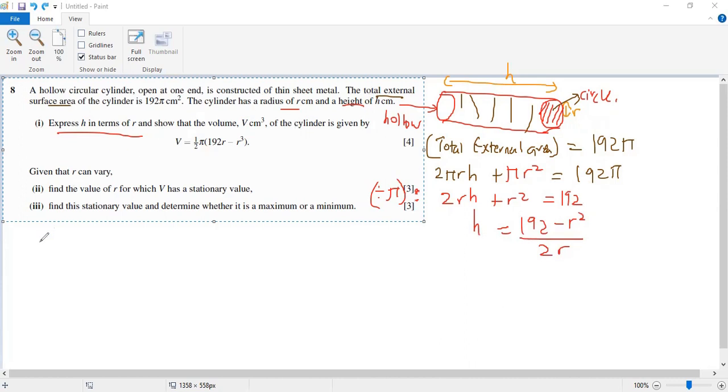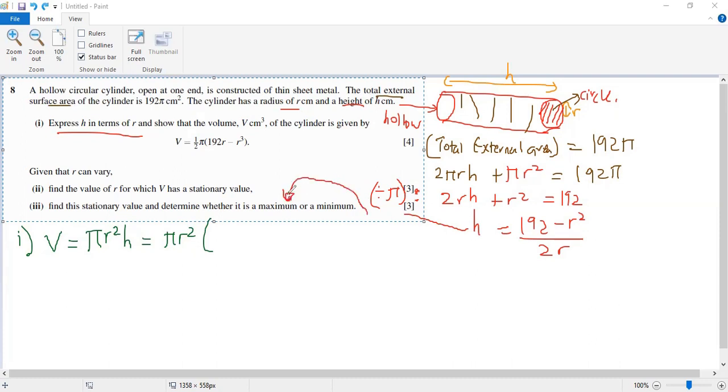Okay, that's done. So now we do the volume part, the first part here. The volume of the cylinder has the formula pi r square h. So let's just substitute. So pi r square, and the h part I'm just going to take from here.